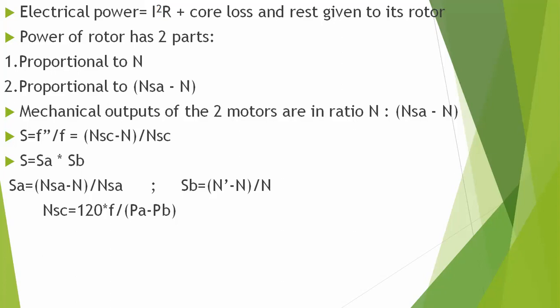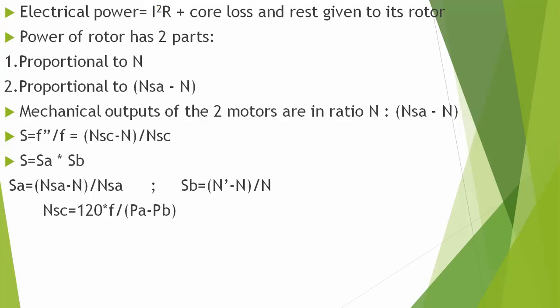So what are the relations we have to know? First one is S equals F double dash by F, where S is the slip of the set, both motors A and B, referred to the synchronous speed NSC. The slip formula is NSC minus N by NSC. The second condition is S equals SA into SB.